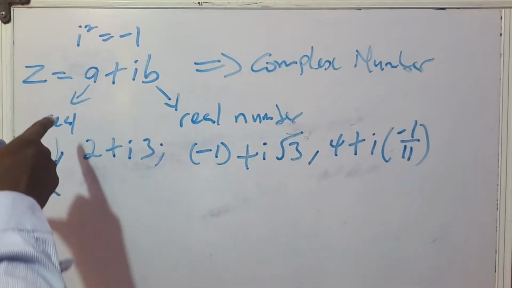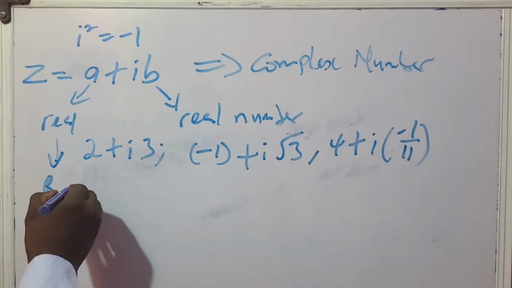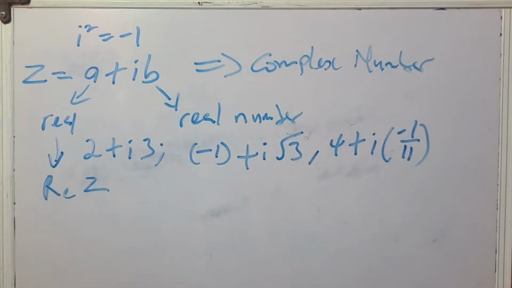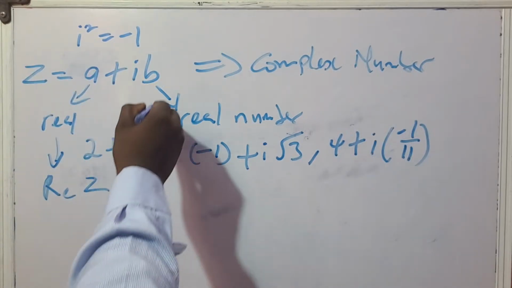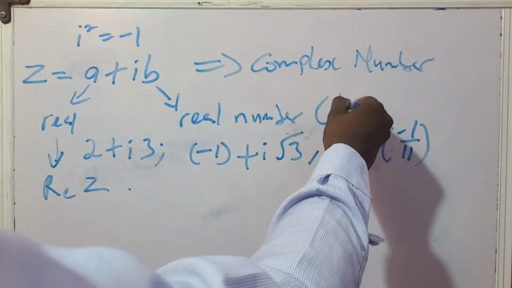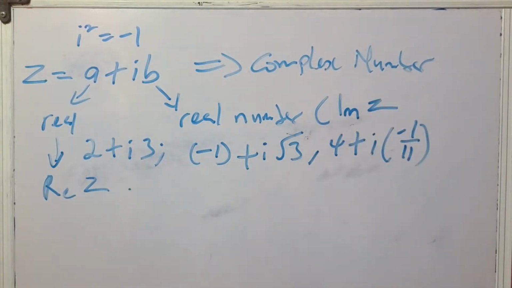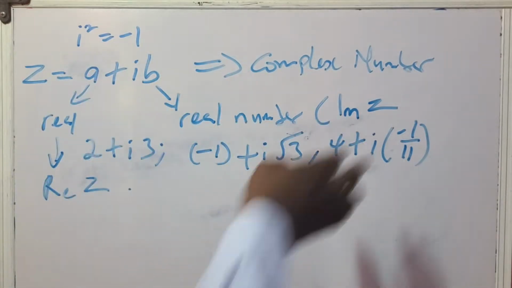So we have this a, we can see it as the real part of Z, whereas we have our b as the imaginary part of Z. Just understand that when we are writing a complex number, we always have these two distinct possibilities where we have the real side and then we have the imaginary side.